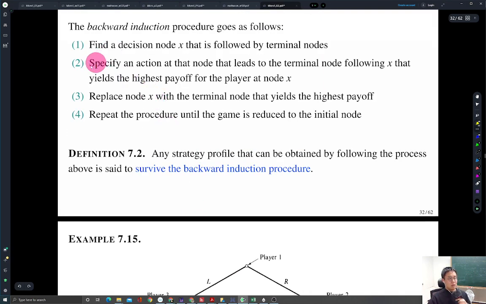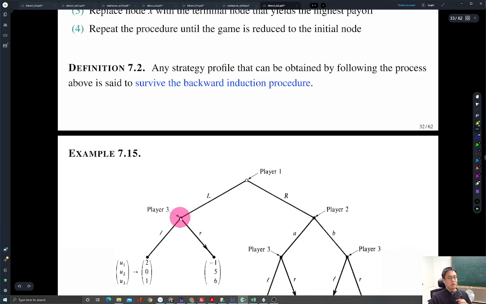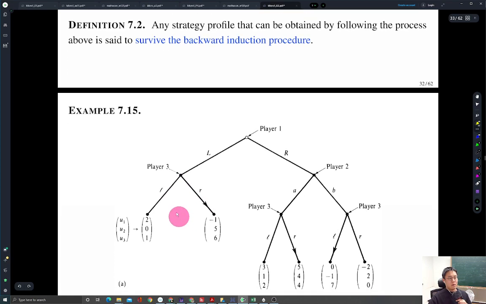And in the second step, we specify the action that leads to the highest payoff to that player. Okay, so here, at this node, player 3 makes a decision, and we specify which action leads to the highest payoff. In other words, which one is the best response for player 3. Okay? Between L and R, L gives a payoff of 1 to player 3, but R gives a payoff of 6. So clearly, R is the best response.